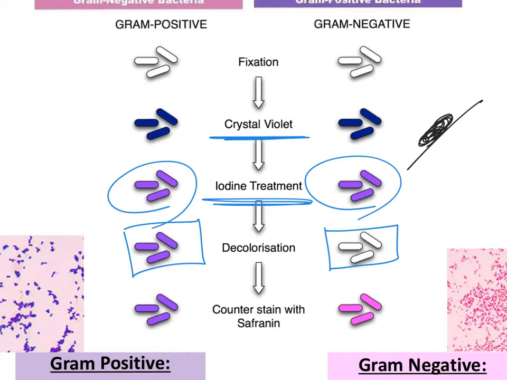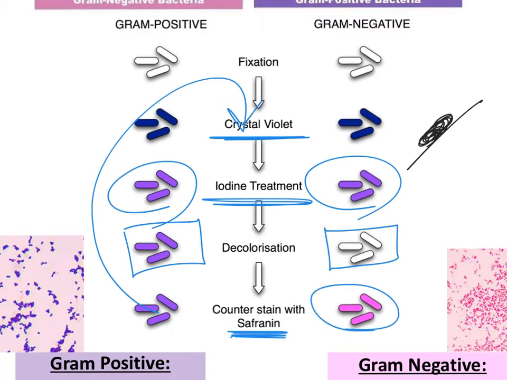So the final step of the Gram stain procedure is to apply a pink stain called safranin. If the cells are purple from the original stain, that pink stain essentially does nothing. But if the cells are clear because they did not get stained with the crystal violet, then at the end of adding the safranin, those cells would appear pink.